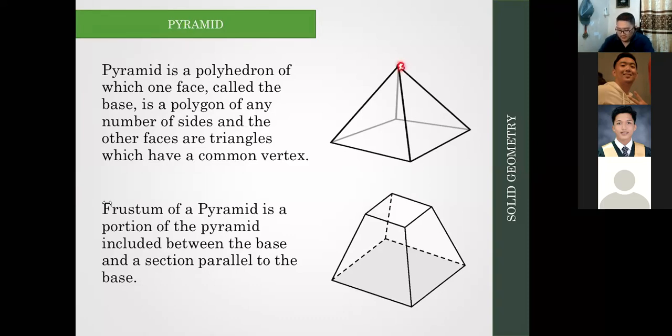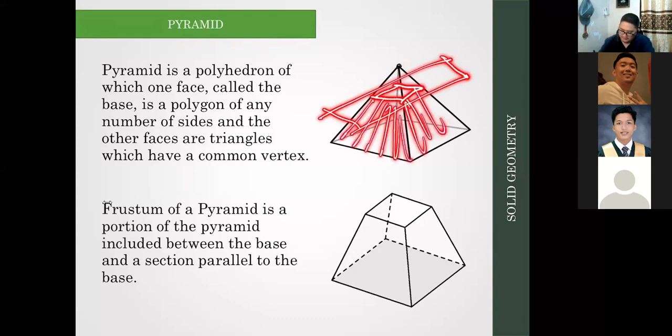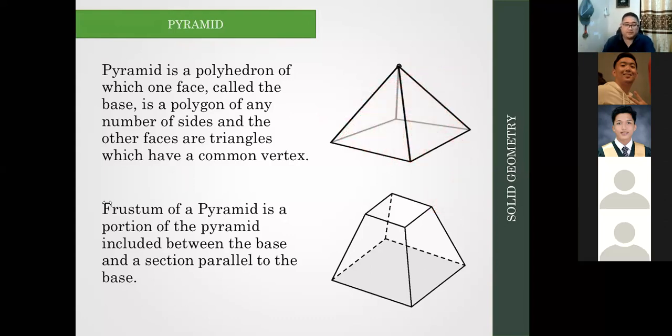So, this is it. And also, when we pass a plane through it, we form a frustum again, no? That shape is this one. Okay? And for the frustum, we again have a passing plane that is parallel to our base.